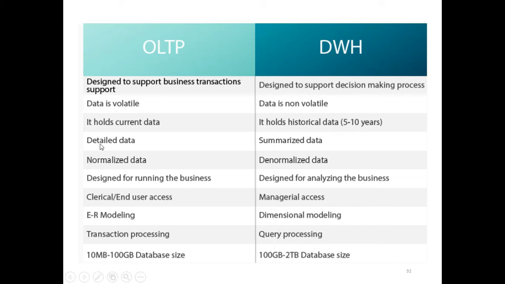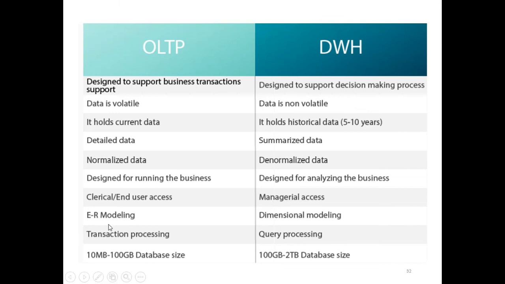Now OLTP has detailed data, but a data warehouse will have summarized data. In OLTP, there will be normalized data. In a data warehouse, there will be denormalized data. Next, OLTP is designed to run the business, but a data warehouse is designed for analyzing the business. OLTP is used by clerical and end users, but a data warehouse is always used by the manager. So it is used for managerial access.